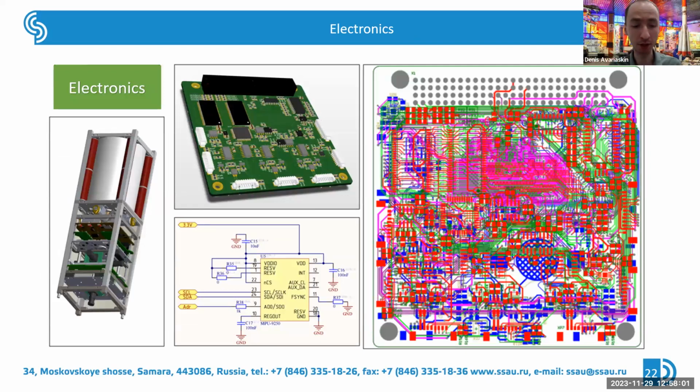Of course, each satellite is first of all an electronic system. It consists of PCBs, so it's an electronic device, and we teach students how to work with electronics and how to test it. Because we cannot create a satellite without it.